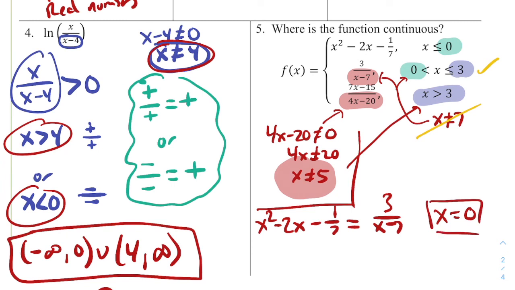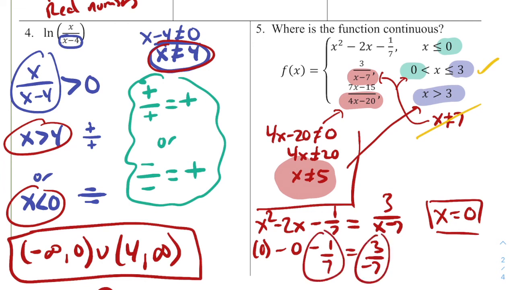So I would have 0 minus 1 over 7 is equal to 3 over negative 7. Is negative 1 over 7 equal to negative 3 over 7? No. So I know for sure that it is actually not continuous at 0. And so that is a point of discontinuity for this function.